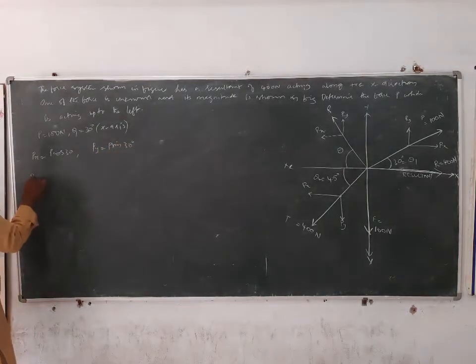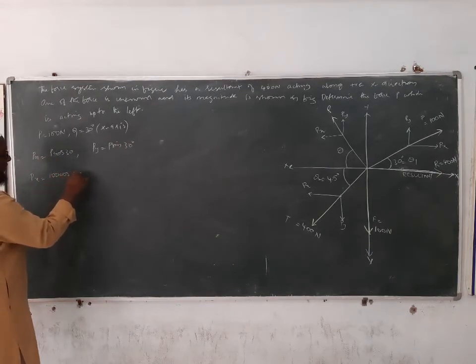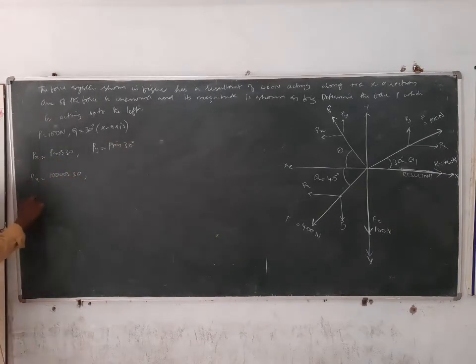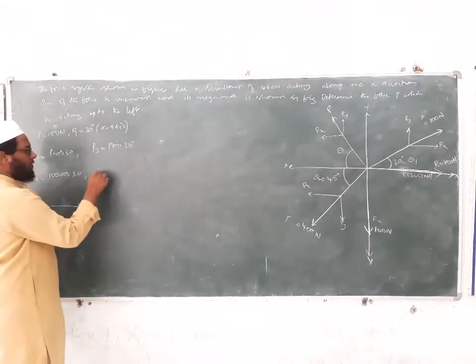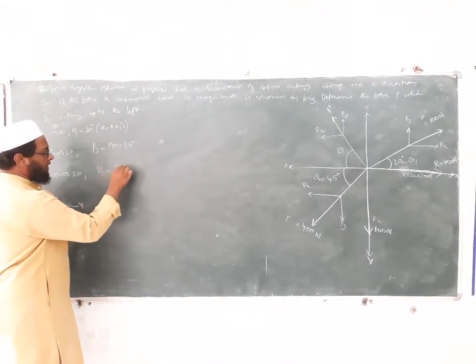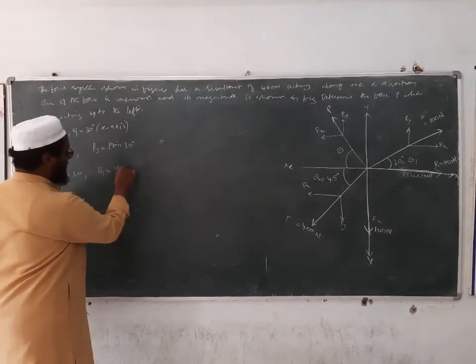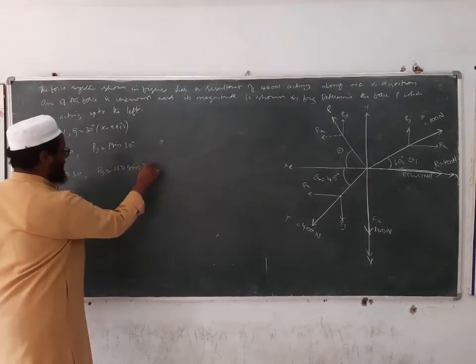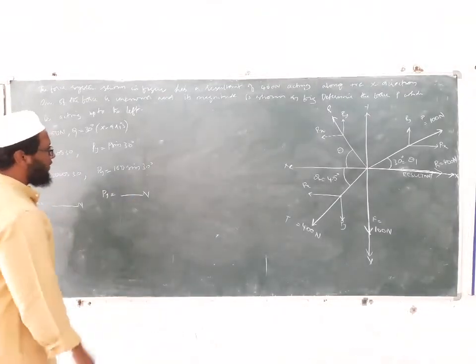Px is 100 into cos 30, and you will get some value in positive sign. Now Py is equal to P sin 30, P is 100, so 100 into sin 30. So Py you will get some value in newtons.